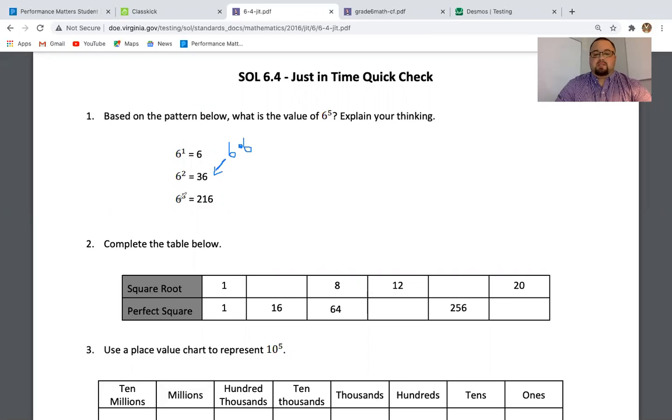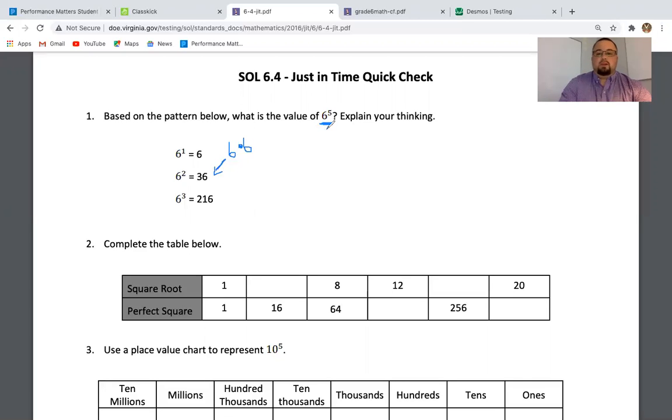This one here, we have 6 cubed, or 6 raised to the 3rd power. This exponent 3 tells me that my base 6 is going to be multiplied 3 times, so it's going to be 6 times 6 times 6. Now, under this number here, we have 6 to the 5th power.